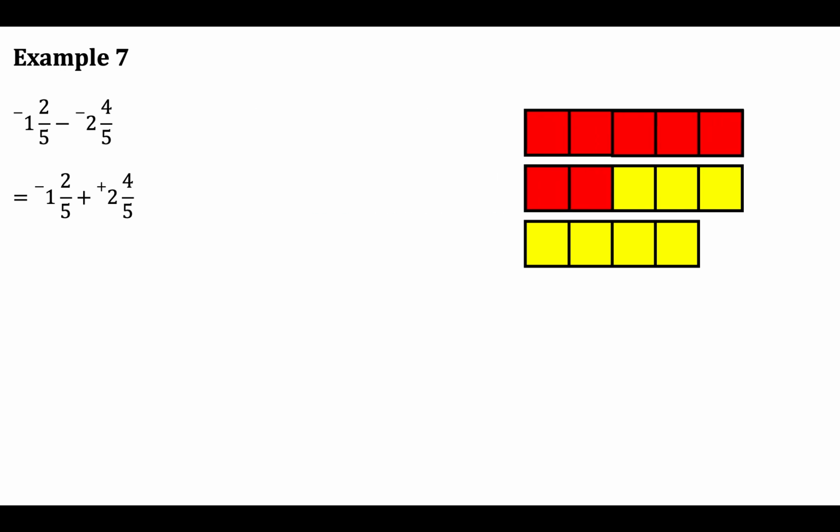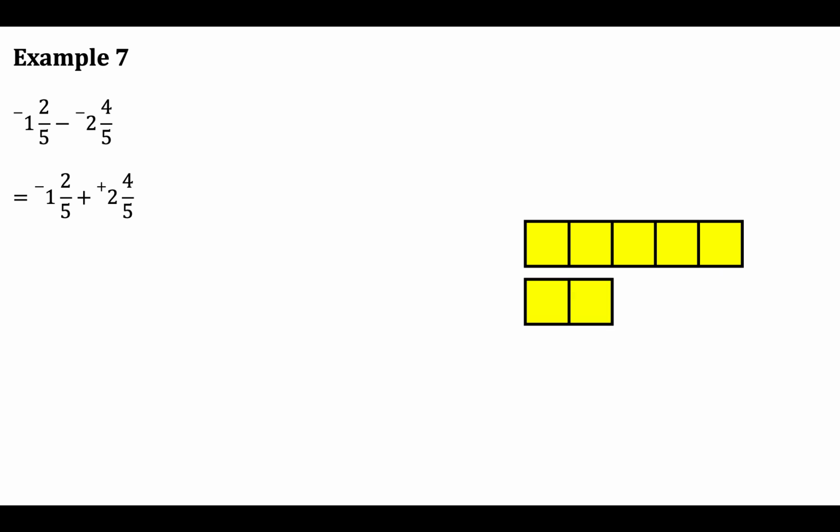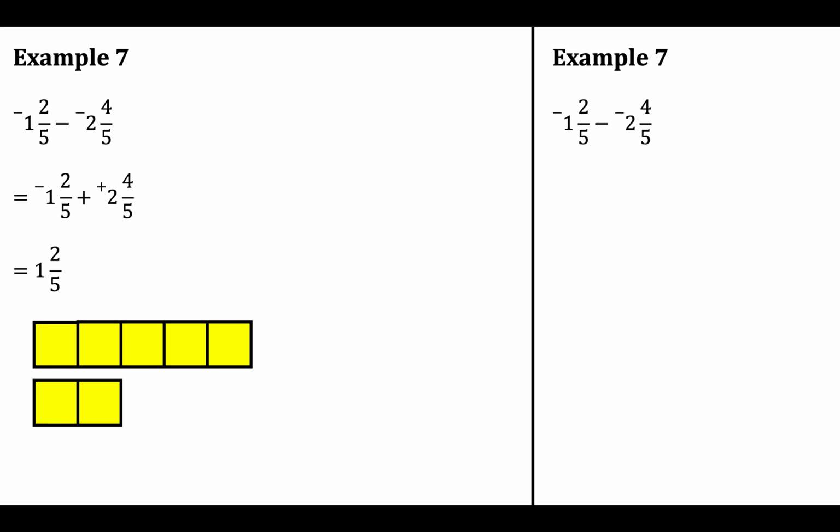Looking for our zero pairs here, and we've got positive 1 2/5 left. And as always, looking at this same example with our improper fractions. So negative 7/5 plus 14/5, and that gives us 7/5 or 1 2/5.